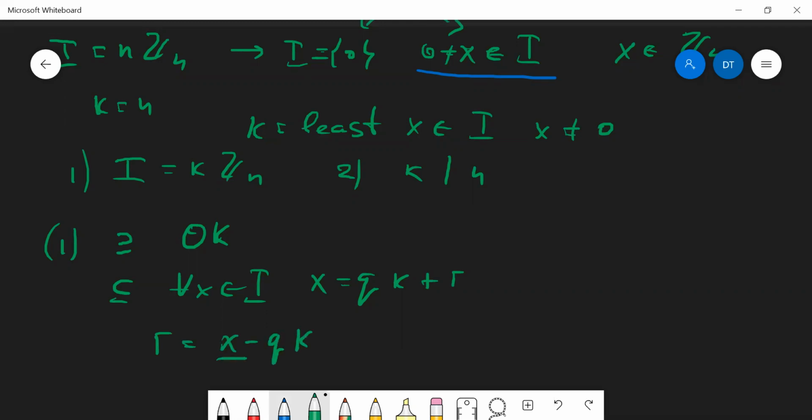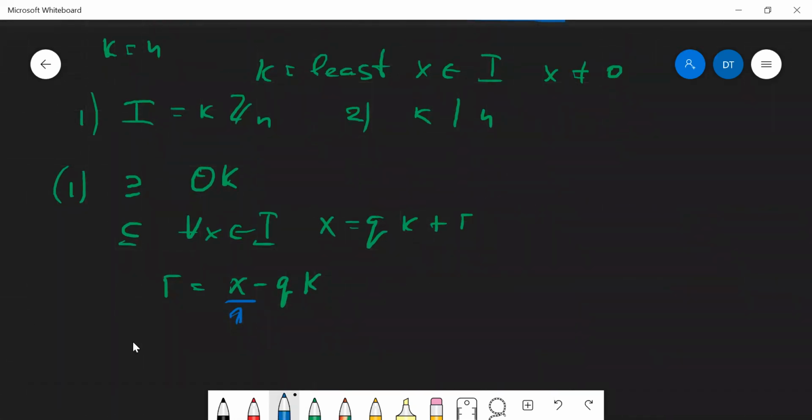So this is inside the ideal I. This is also inside the ideal I. Since r is between 0 and k minus 1, and k was the least possible non-zero element of the ideal I, by the choice of the element k, we have that r must be 0. So this is exactly the same as we did before.